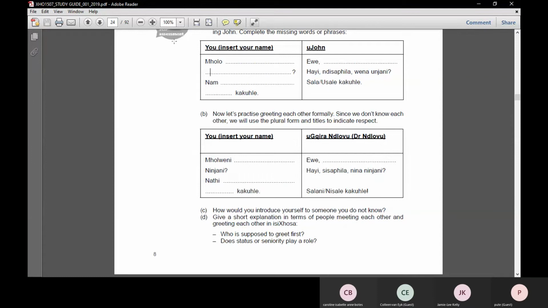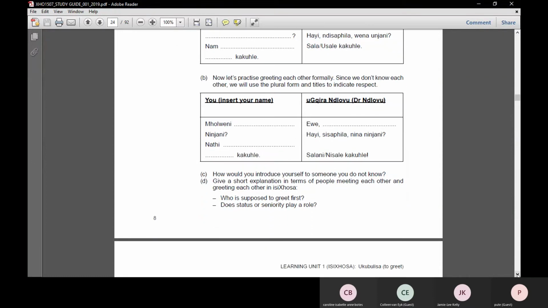Okay, now let's go to B. Now you are greeting Dr. Ndlovu, Ugqirha Ndlovu. Actually, it's supposed to be Ugqirha Ndlovu and someone else. You're greeting more than one person. Molweni, Ugqirha Ndlovu. I'll accept the error. How would Ugqirha Ndlovu and whoever respond?